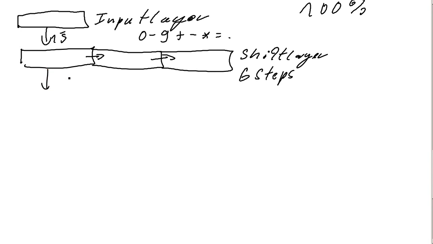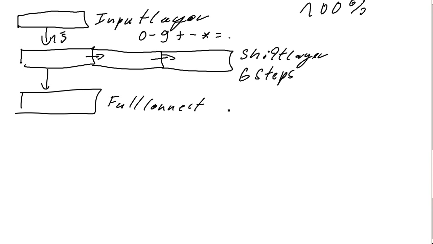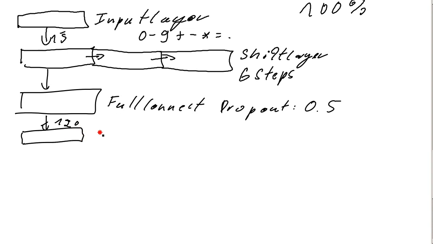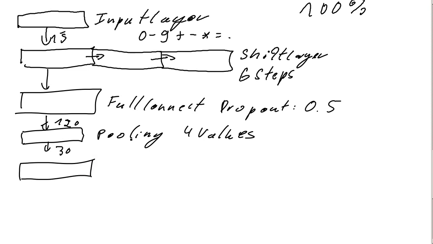All these outputs go to the fully connected layer, and this fully connected layer has a dropout of 0.5 and an output of 120 neurons. The next step, which is a little bit unusual, is a pooling of 4 values. And I get out a layer of 30 values. These 30 values go again to a fully connected layer.